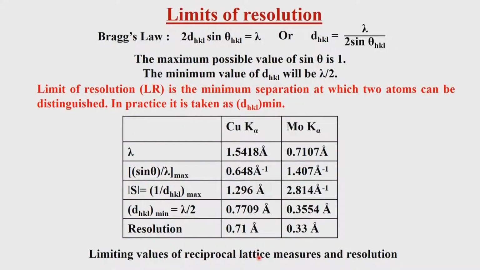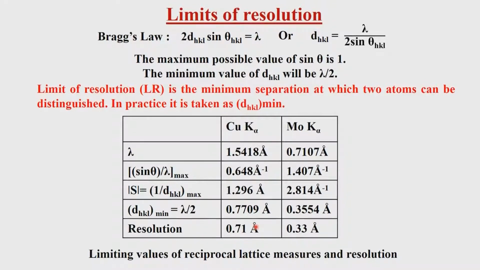The other issue which has not been mentioned here is the temperature of data collection. That is also a limit of resolution, because at any given temperature, let us say ambient temperature, when we measure the data, the reciprocal lattice is distributed in such a way that the a, b, c, alpha, beta values, or for that matter a star, b star, c star values, will have a certain particular value.